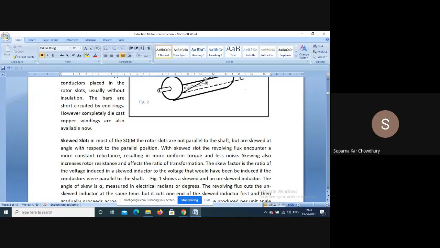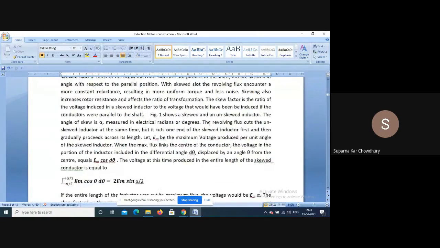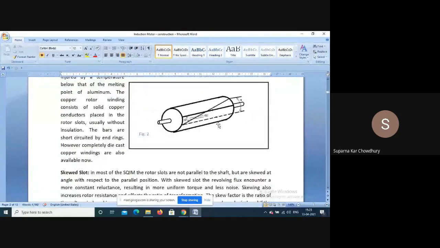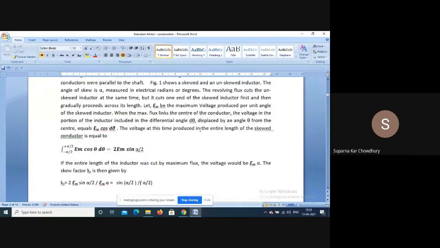In that case, the induced EMF is maximum at the middle point, and at any particular point, say here, over this small stretch of angle d theta, it will be Em cos theta. That is, Em per degree is the induced EMF. So into d theta, this is the EMF induced in this section.